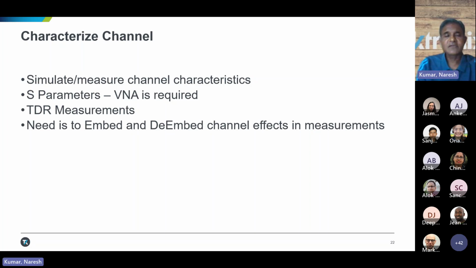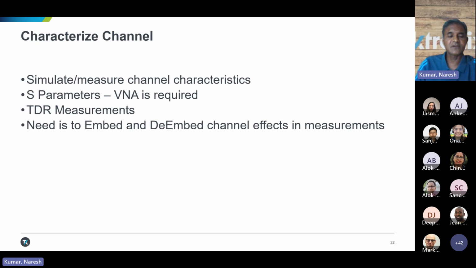The reason why we want to characterize those channels is to be able to look at the signal with the impact of the channel as well as without the impact of the channel. So you can test the signal as it is coming out from the transmitter, and you know where your debugging needs to focus, right? If you see a closed eye at the receiver, there could be many reasons why the eye is closed.